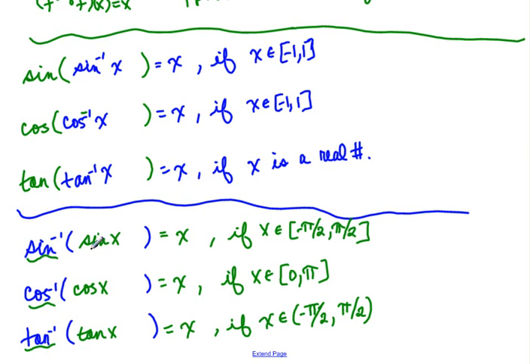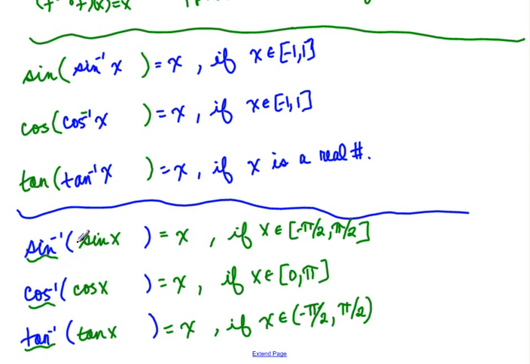So sine inverse of sine x is indeed equal to x as long as that x is in between -pi/2 and pi/2. Cosine inverse of cosine x is equal to x as long as x is between 0 to pi. Tan inverse of tangent of x is equal to x as long as x is between -pi/2 to pi/2.